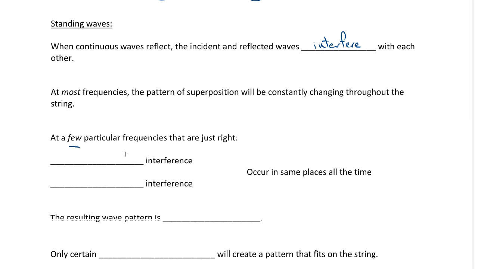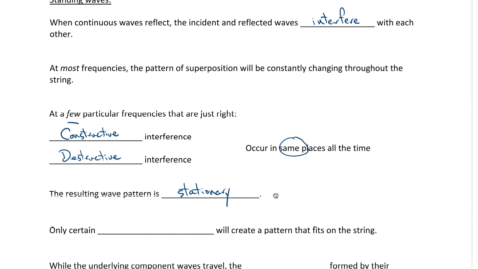But at a few particular frequencies, which implies a few particular wavelengths, if those are just right, then we'll get constructive interference always happening in the same place, and we'll have destructive interference always happening in the same places along the string. And when that happens, the resulting wave pattern stays in place. It's stationary, and so we call that a standing wave pattern because the pattern is stationary.